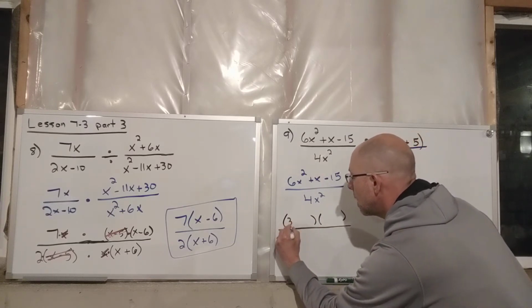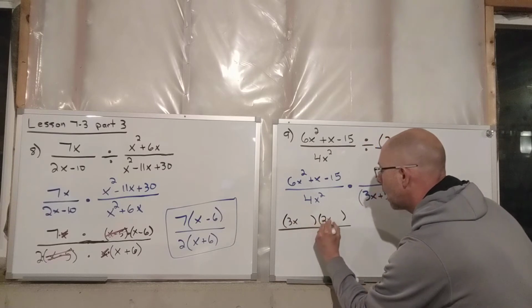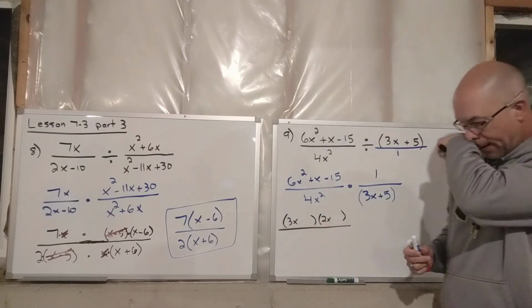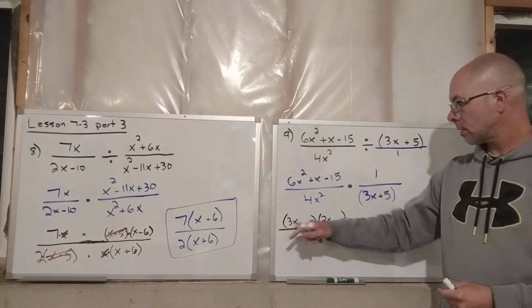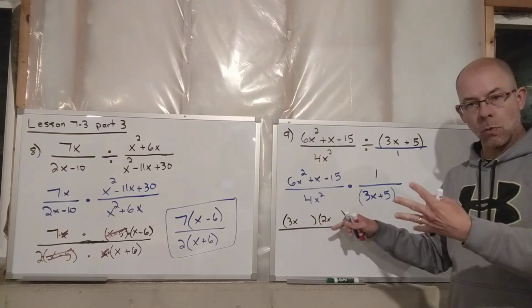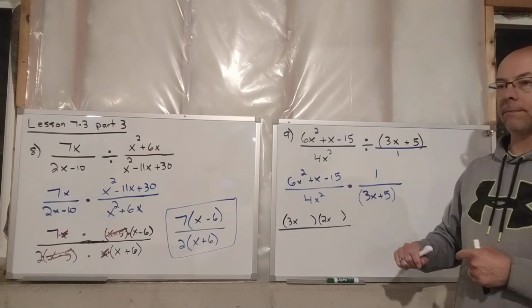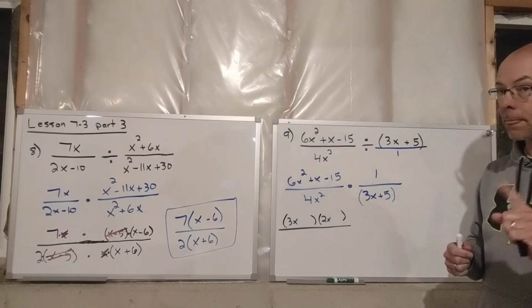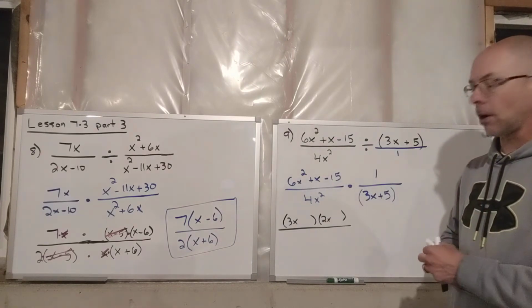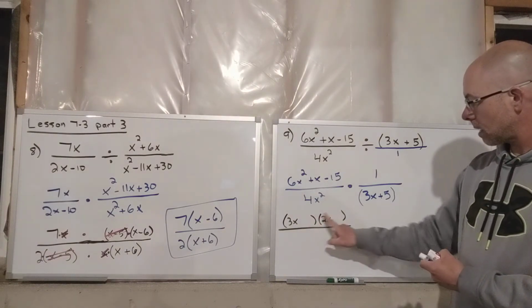I'm going to go with 3x and 2x. Now that's not guaranteed to work, because it could also be 6x times 1x, but I'm going to start here. And when I think of 15, I think of 5 times 3. Now, I am limited here. I can't put 3 times 5.